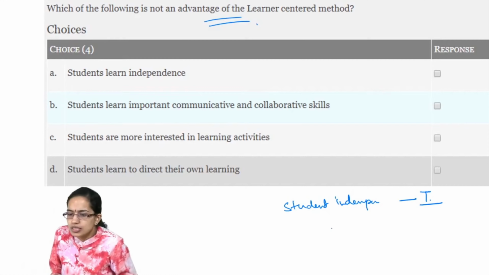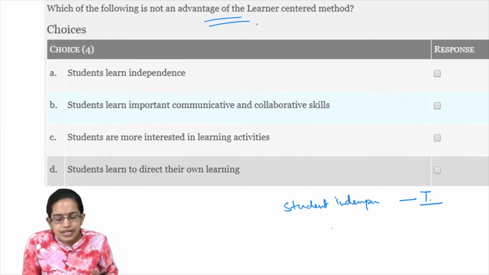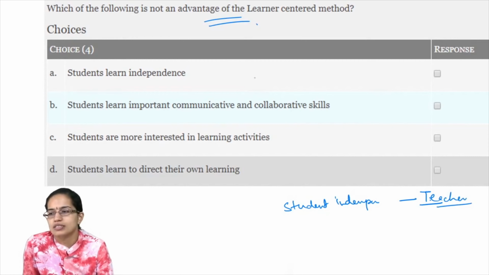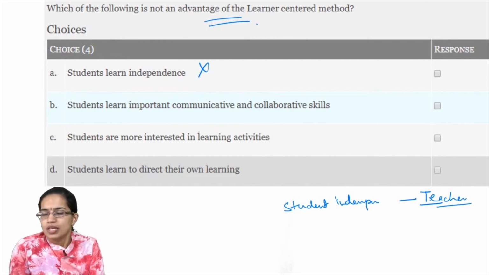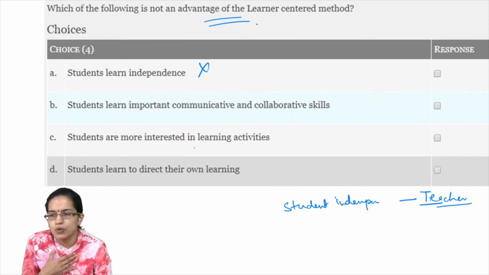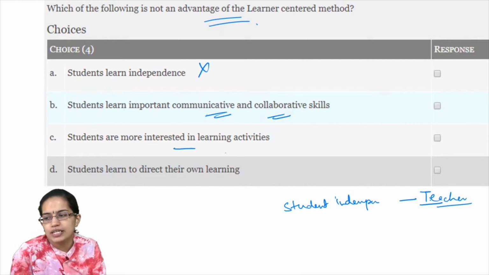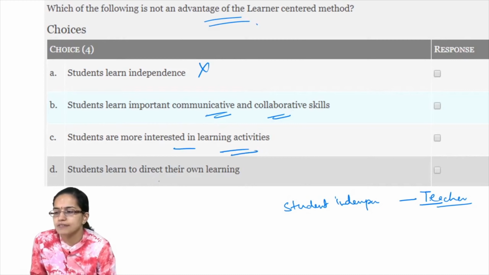Okay, so this is a very important advantage of a teacher-centered approach, and therefore this is not an advantage of learner-centered. A learner-centered, which is student-focused, would always try to communicate, collaborate skills, would be more interested in learning activities and learn to direct their own learning.